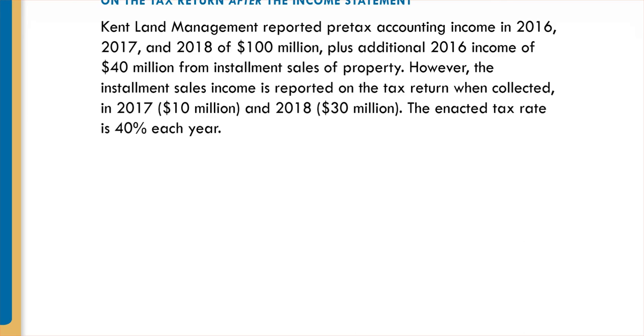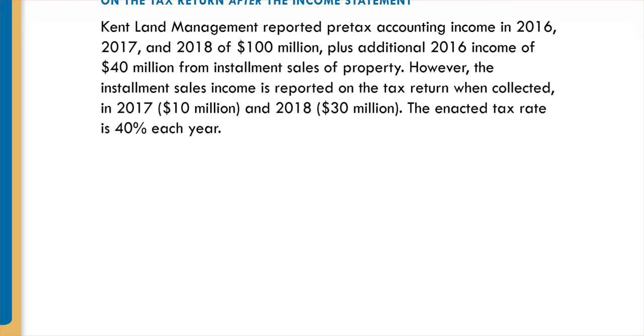So the first event that's going to trigger you having either a deferred tax asset or a deferred tax liability is the income statement, because here it shows up on the income statement before it shows up on the tax return. So we have a reconciling item in that initial year when it shows up on the income statement.